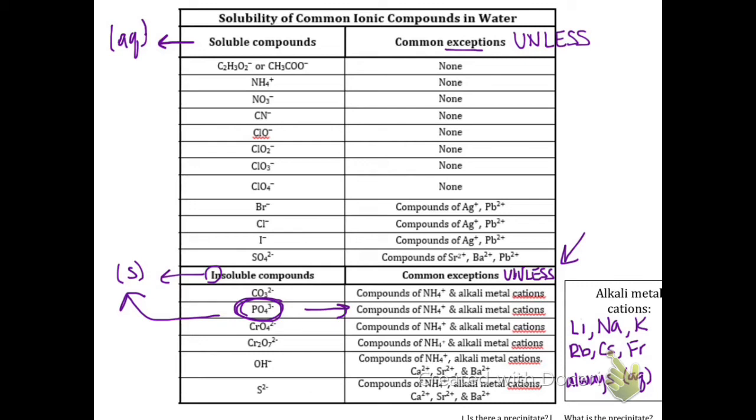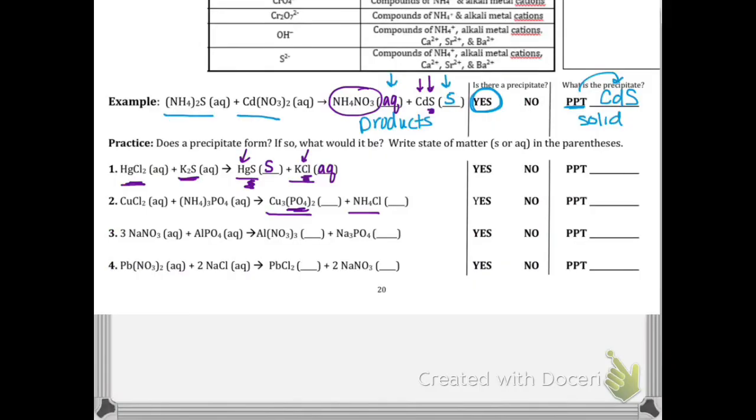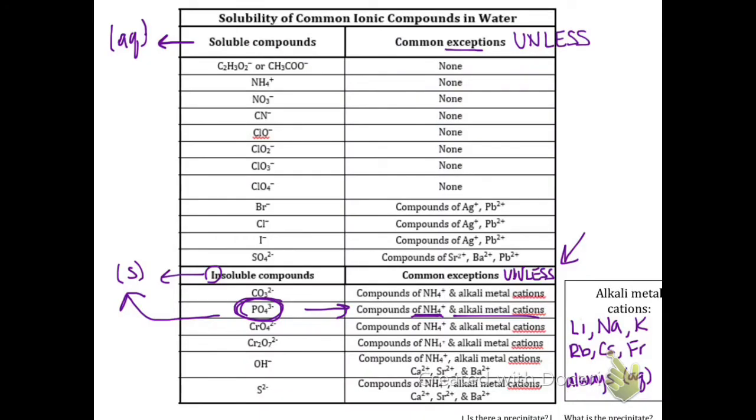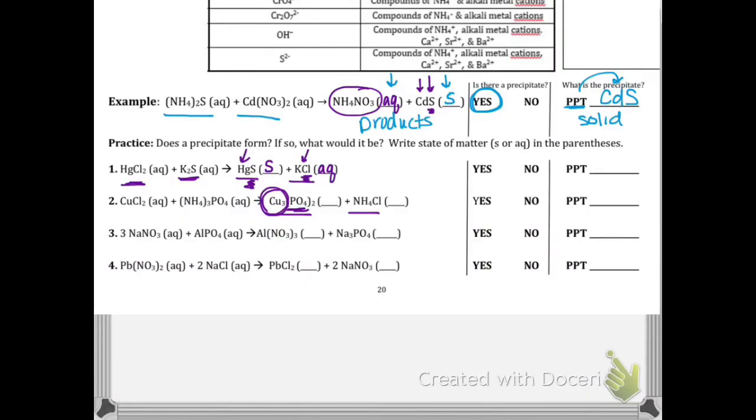Is phosphate with an ammonium or an alkali metal? Here are your alkali metals. Nope. So that means this will be a solid, so you put S for solid.